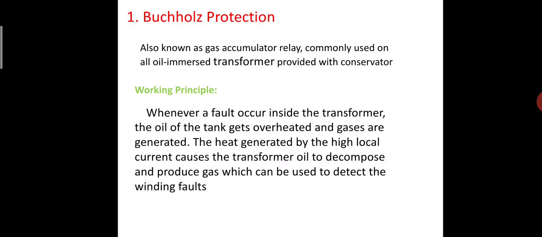This is installed between the transformer tank and conservator. It is a gas actuated relay. It operates when gas is generated due to any internal fault of the transformer, so as to give an alarm and to disconnect the transformer from supply mains.